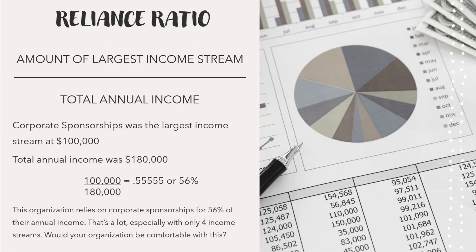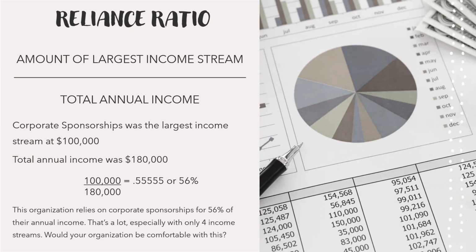Where's your comfort level? What level of comfort do you feel is good for your organization to be reliant on? Is 56% perfectly fine? Is 56% outside of your comfort zone? What does that mean to you? And when we go into the gauging risk video, we'll also talk about, not only does this seem like a large number to me, 56% of your income reliant on corporate sponsorships, but what is the risk to that?